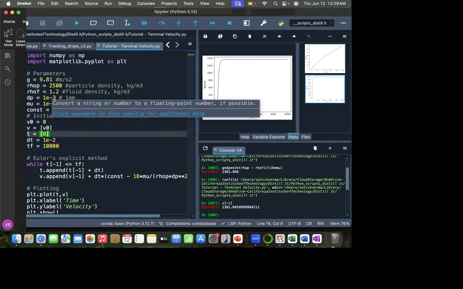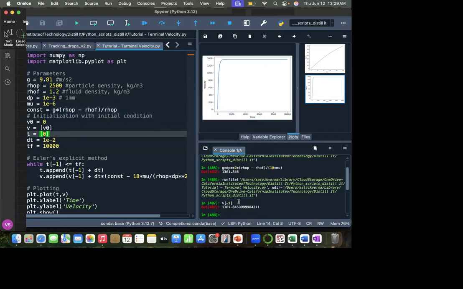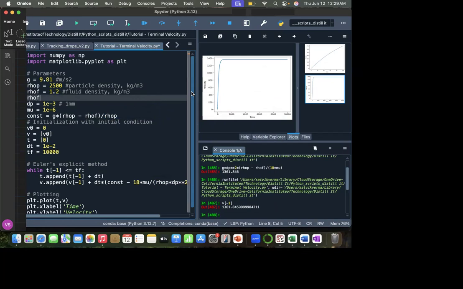Now, you could also see how the various parameters would affect the terminal settling. For example, in this case the fluid is air, but let's say we replace the fluid by water, so let's compare air and water.